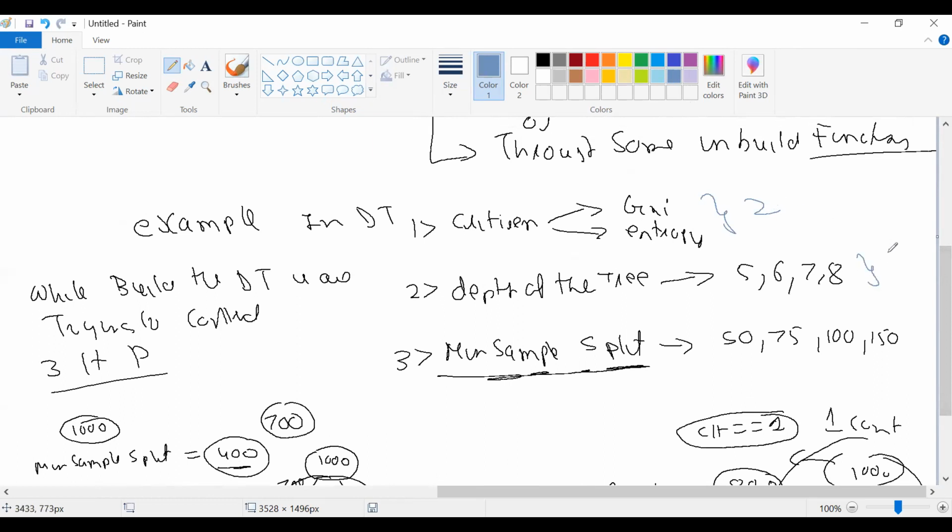In depth of the tree, it can take 4 values. And in minimum sample split, it can take 4 values. So answer this question. How many total combinations are possible? कितने combinations possible हैं?